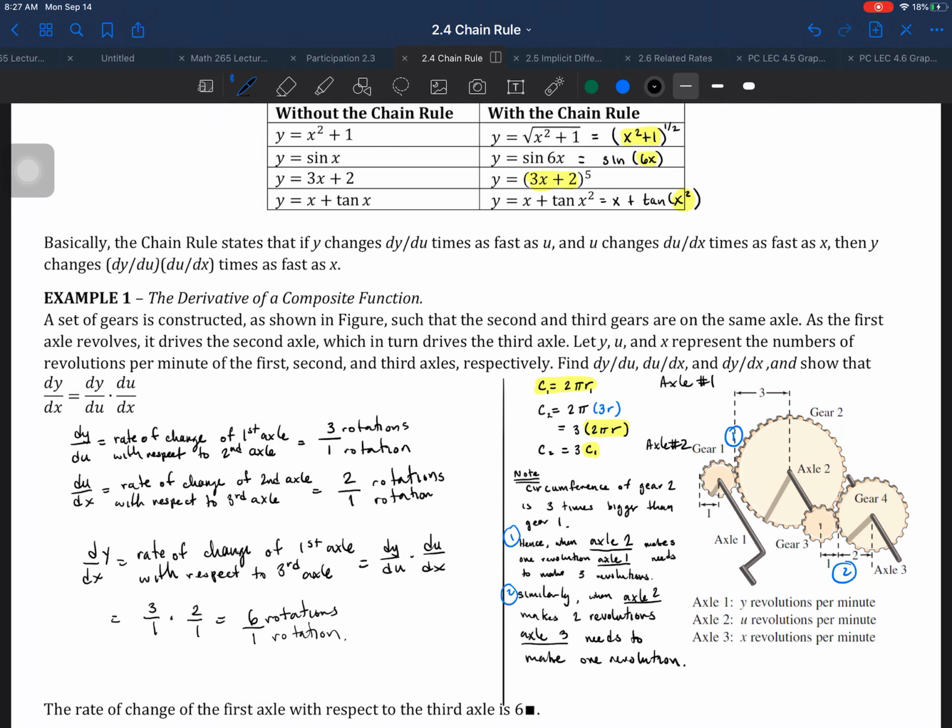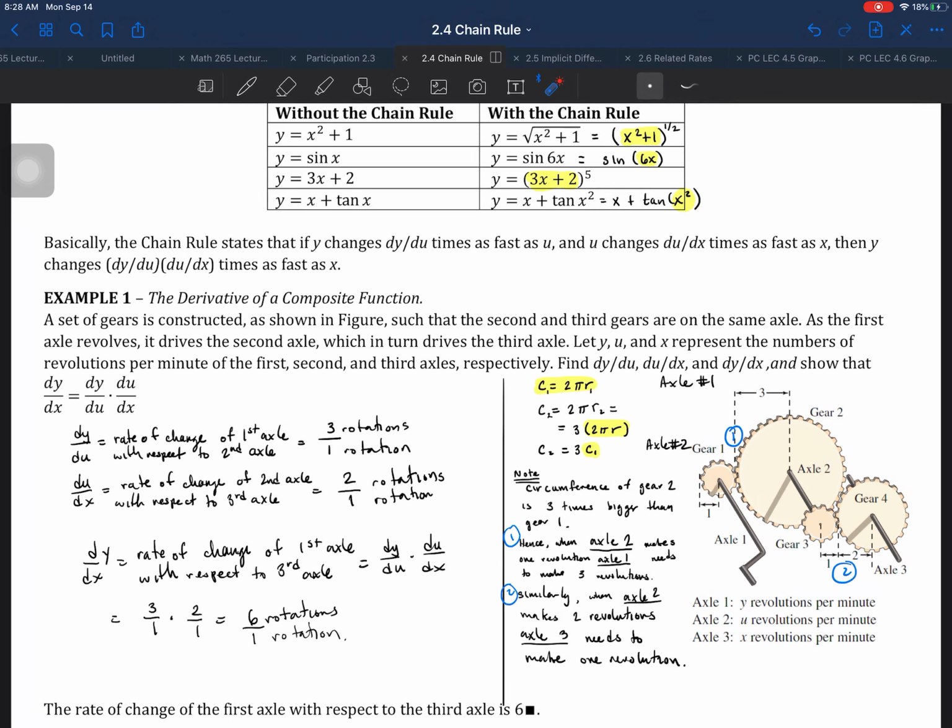What about the circumference of gear 2? Maybe if I draw one more here, let me try this. For the circumference of C2, we will have a different radius. What we know about this radius is that the radius for the second gear is 3 times the radius of gear 1.